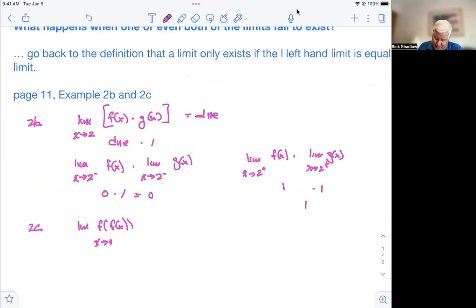So the limit of f of x, as x goes to 0, is going to be 2. Now, it's 2 from the left and 2 from the right. But more noteworthy, it's 2 approaching from the bottom.